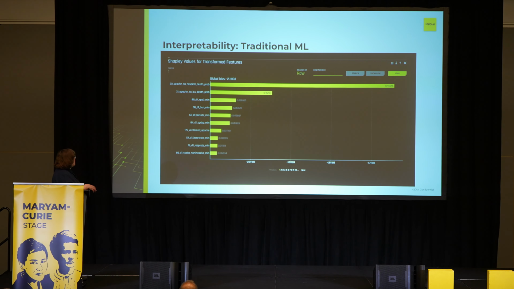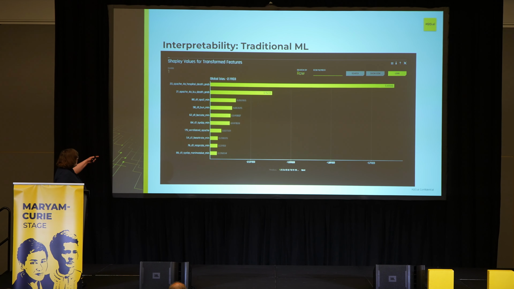For a traditional supervised model, I ran a model just in Driverless AI. And one example comparing global analysis to local analysis is we can look at the feature importance for the supervised model and see which of the patient properties was most important in predicting the patient outcome, which was patient death in this case.